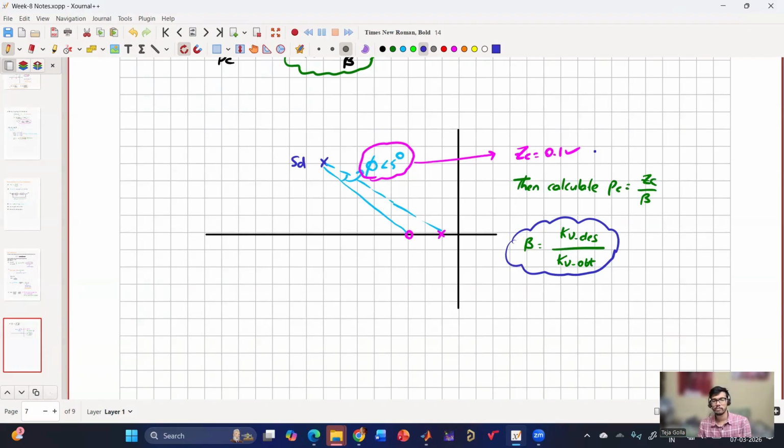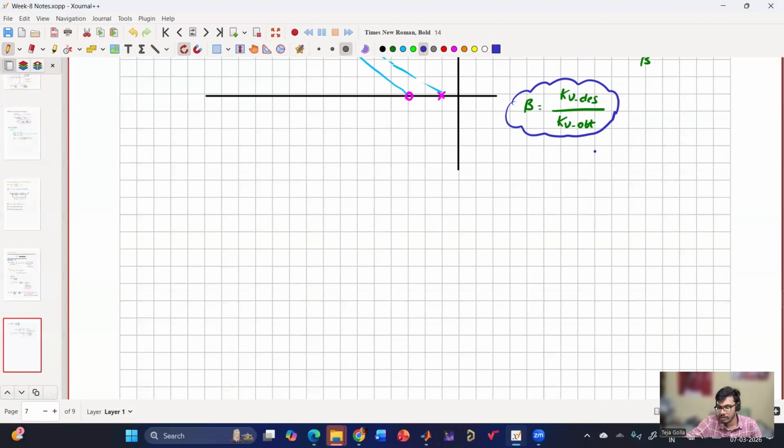So we are trying to keep the pole and zero as close to each other as possible. The angle contribution, phi, we have assumed to be less than 5 degrees. We can't assume phi to be 0, since phi will be 0 only when pole and zero are exactly at the same place, but we don't want that. For this course, sir has considered ZC to be 0.1 and then calculated PC. PC can be calculated as ZC by beta, and beta is KV desired by KV obtained.